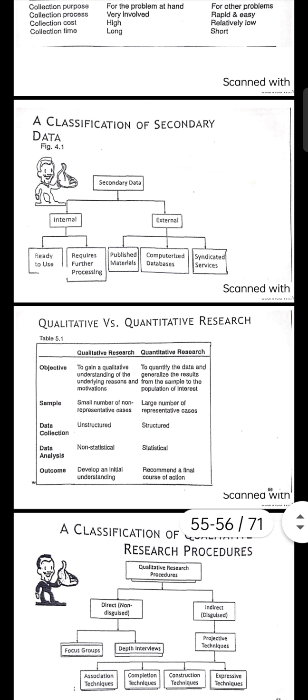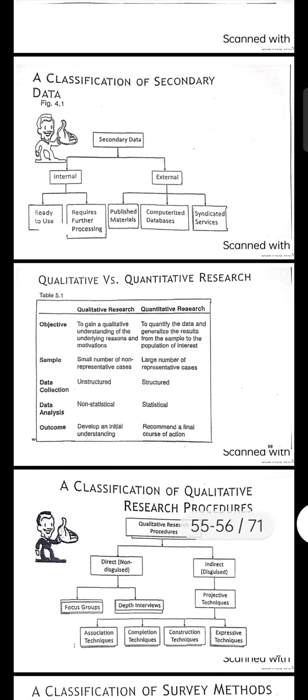All right, then the next one, the classification of secondary data. You can look at the diagram here. There will be internal data and external data. Internal data is ready to use, but requires further processing.